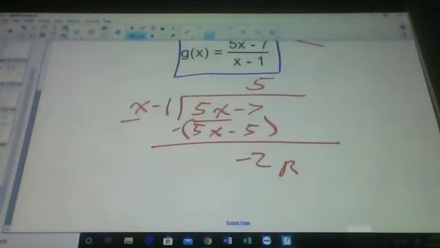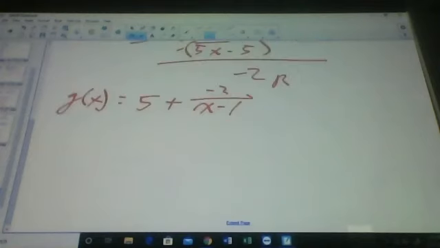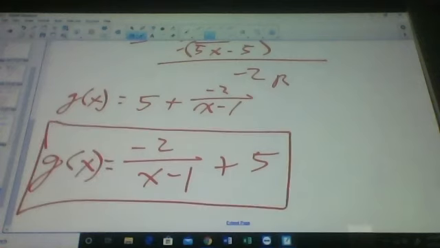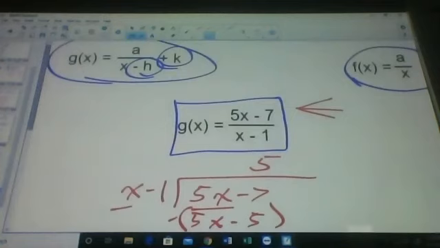So we would normally write this as 5 plus my remainder, negative 2, over what I divided by, x minus 1. But really, what they want you to do is write the remainder first, and this number on the outside. k in this case would be 5, and h would be 1, because in the formula, it's always negative.